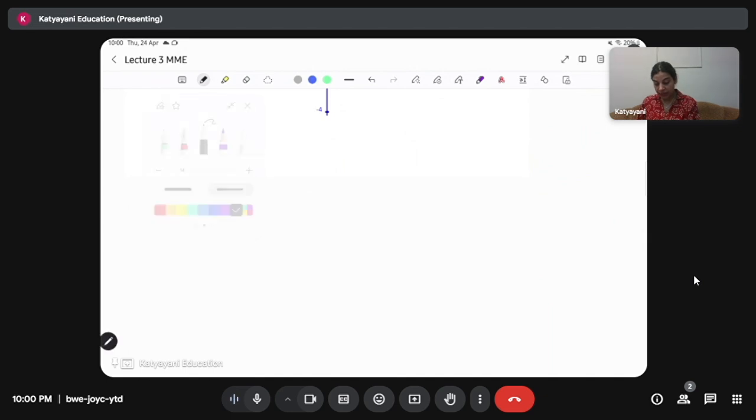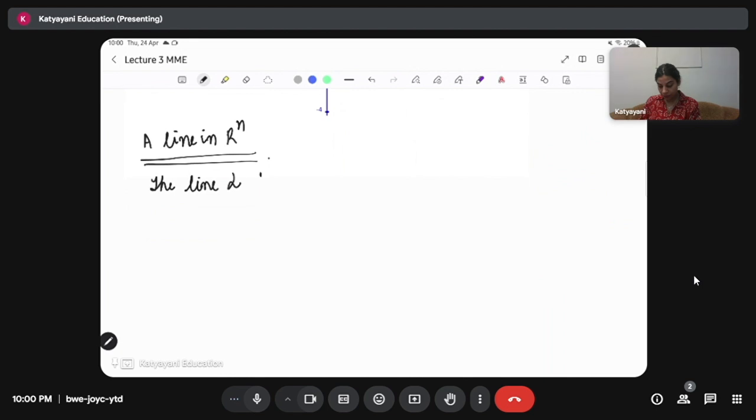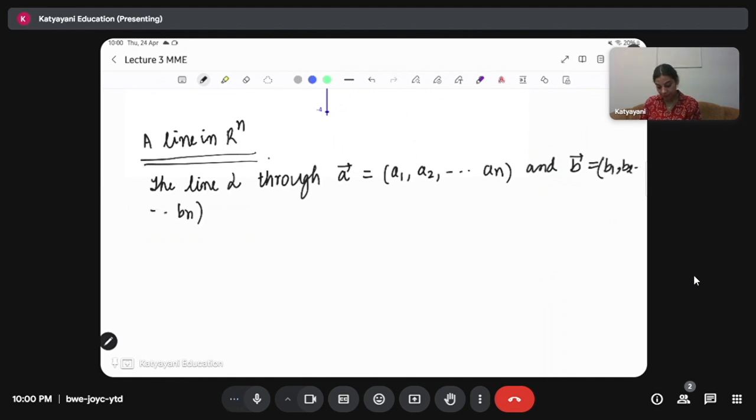So this was in three-dimensional space, but in general you can define a line in Rn, where n is the dimension of the real space. So a line L in Rn through A, where A is a vector A1, A2 and so on till An, and B, where B is a vector B1, B2 and so on till Bn.